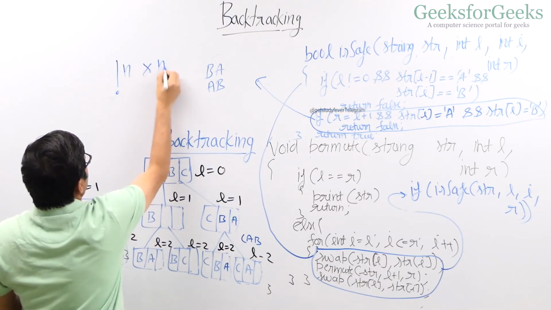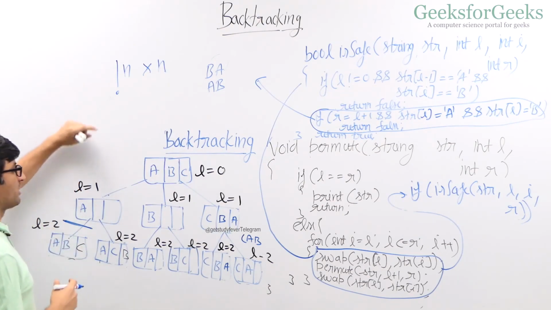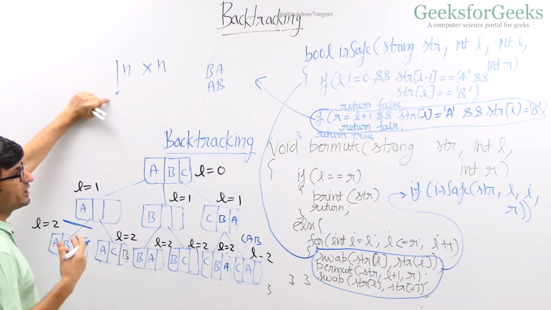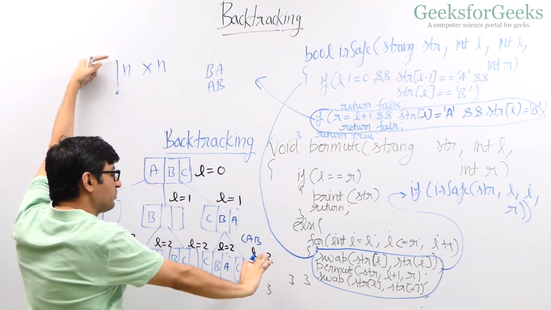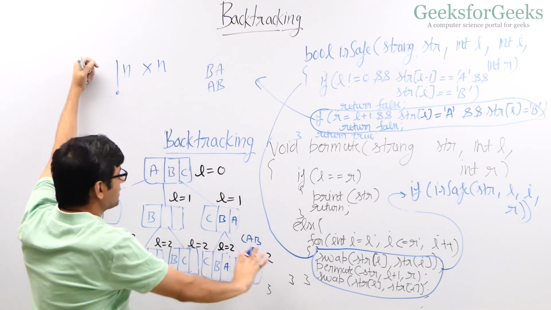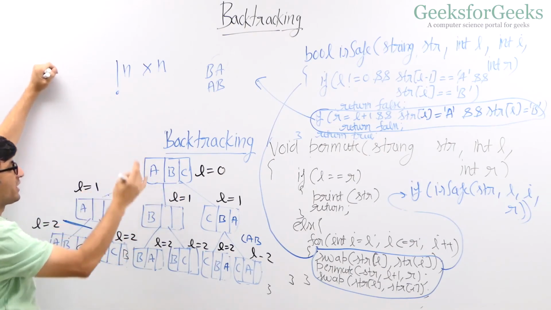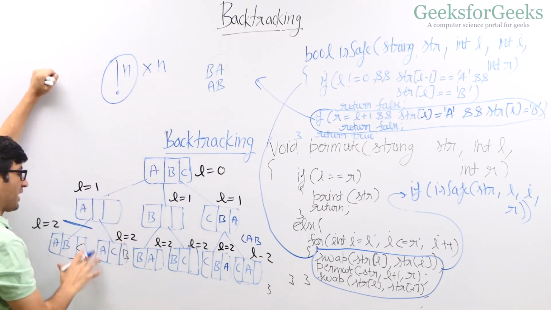We were doing this much work. Here we definitely do less work. The actual work depends on your input string. For example, if the string is BCD, then you will again do this much work because your output is going to be all 6 possible permutations. But if your input string contains many ABs, then you will cut down many recursive calls and do much less work than factorial n in this backtracking solution.